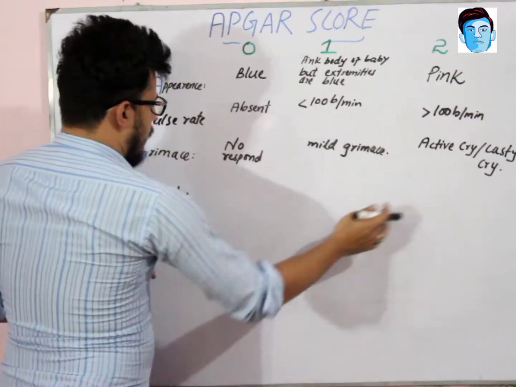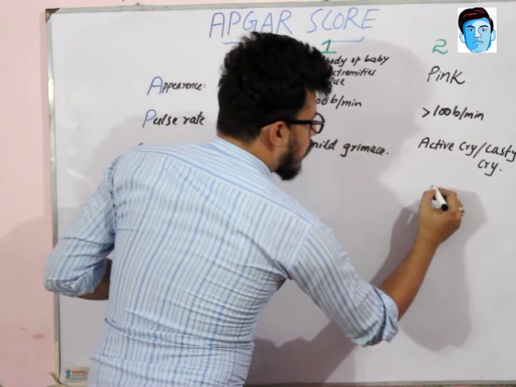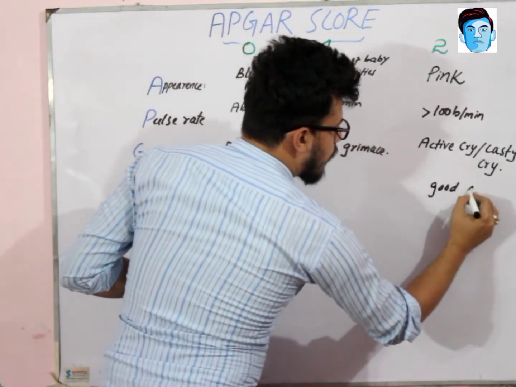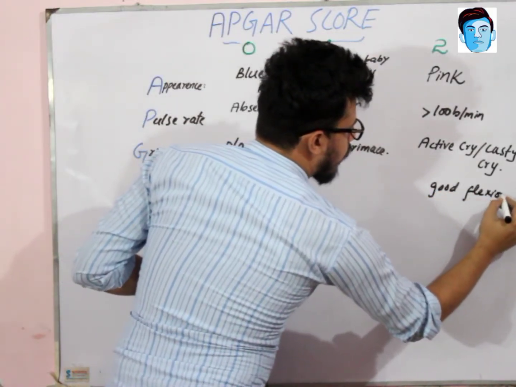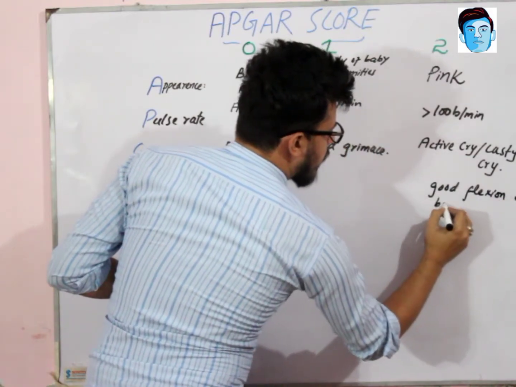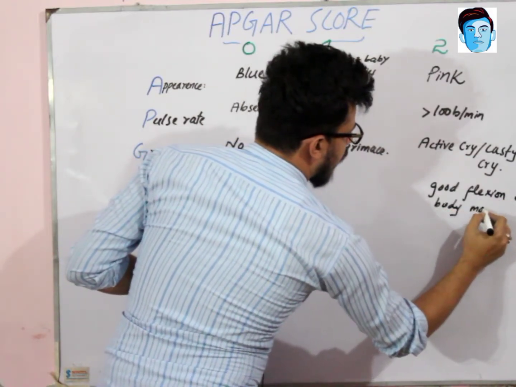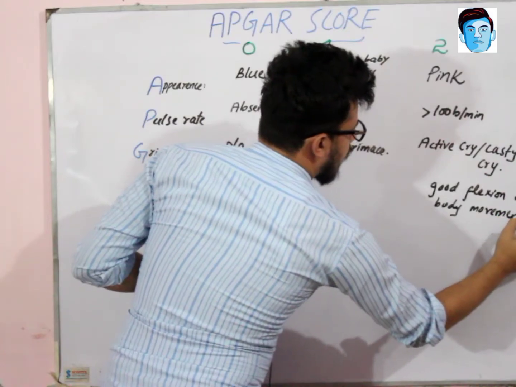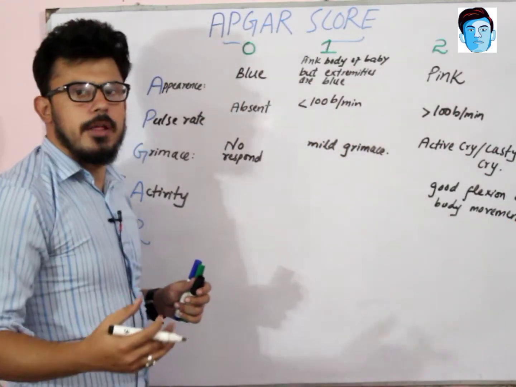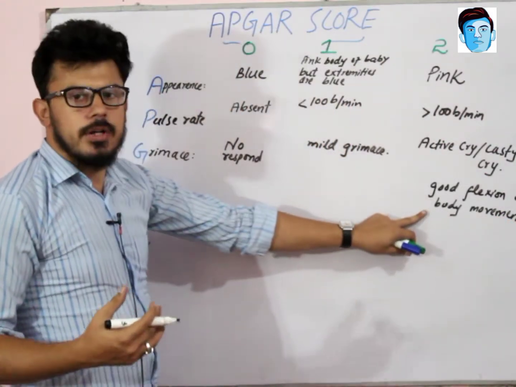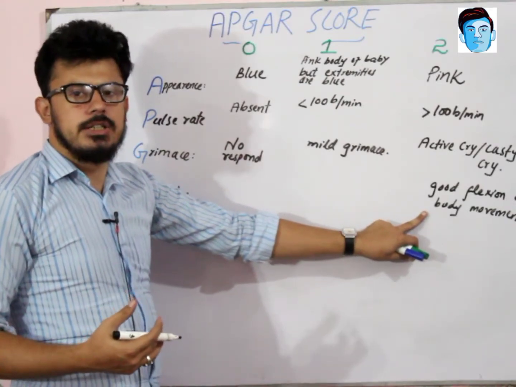And for 2, there will be good flexion with body movement. So if there is an adequate amount of body movements, that will be the good condition of a child.